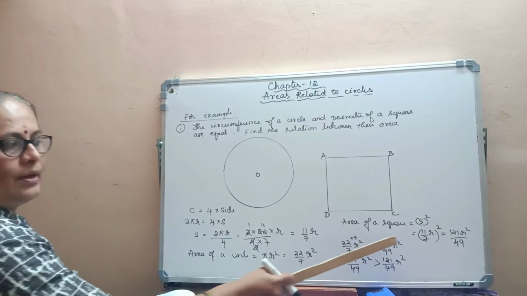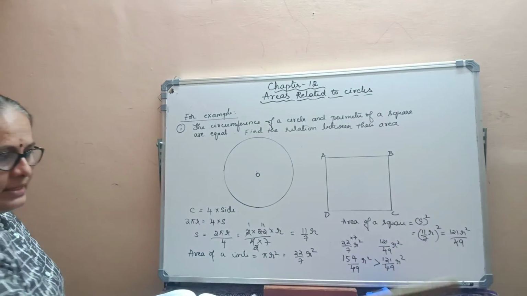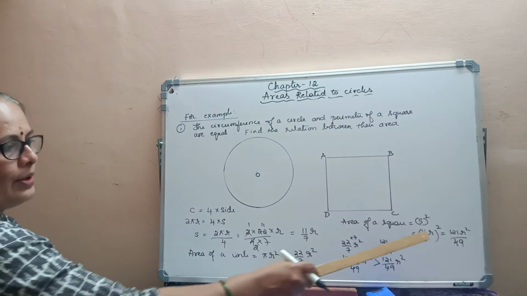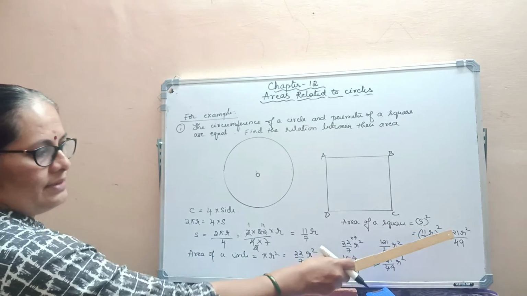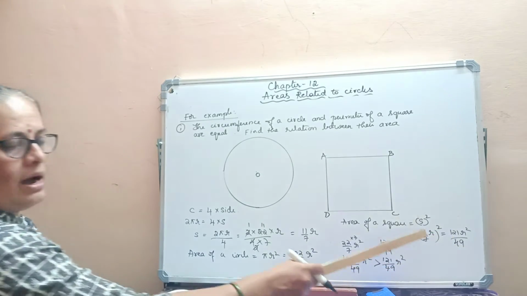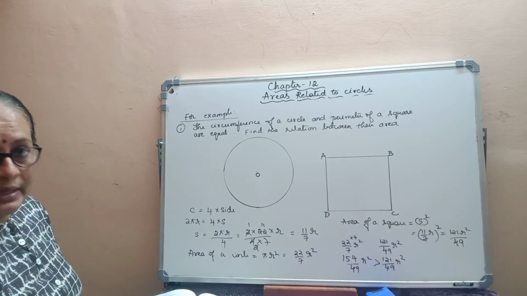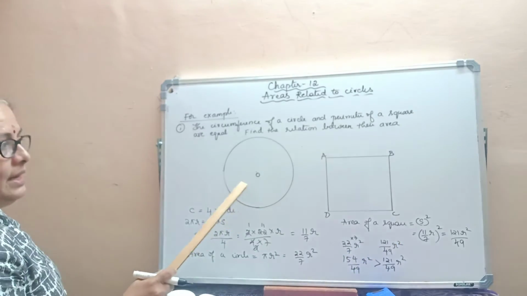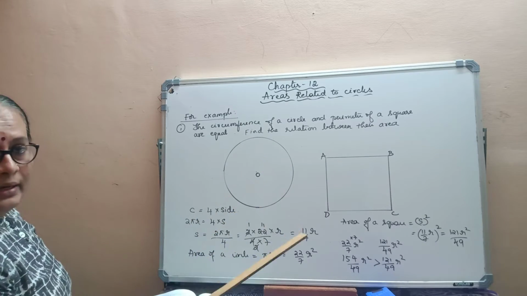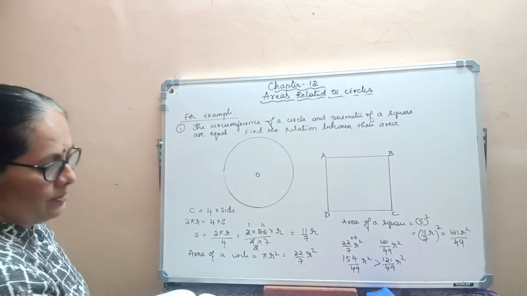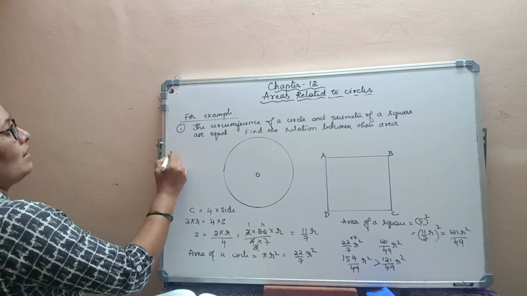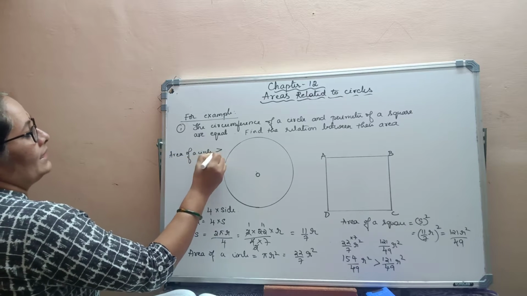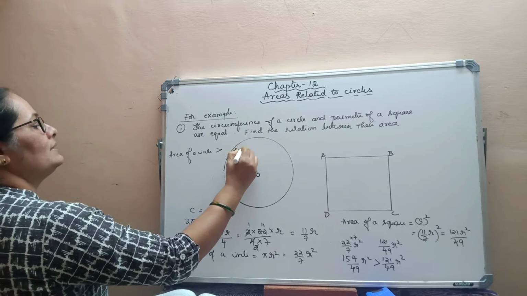Similarly, area of a square is side into side, side square. Side is 11 by 7 r whole square. 11 square is 121, 7 square is 49 r square, 121 by 49 r square. So compare both the areas, in which area of circle is greater than area of a square. So write area of a circle is greater than area of a square.